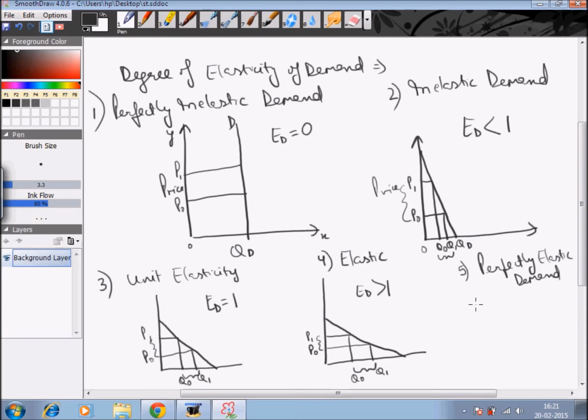Now, in case of perfectly elastic demand, the price remains the same and the demand increases or decreases at the same price. We see that the price is the same, but the demand is going on increasing. So this is the case of perfectly elastic demand.